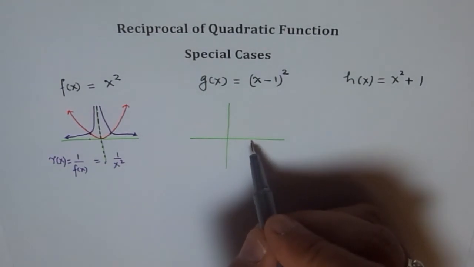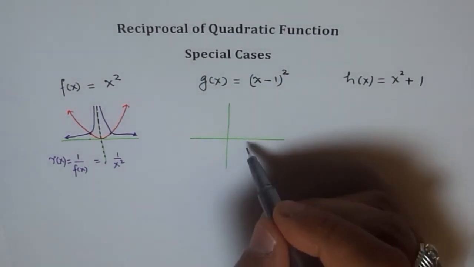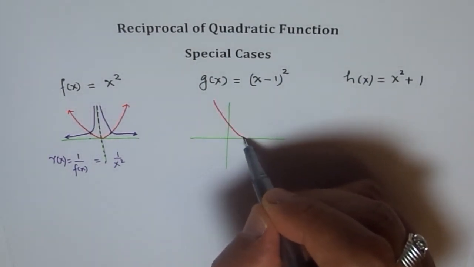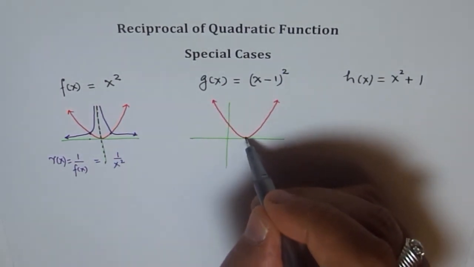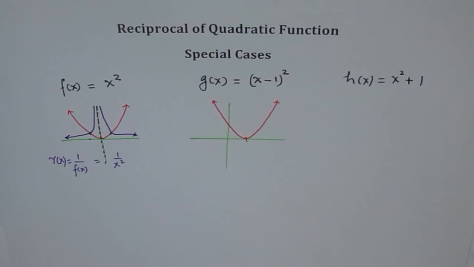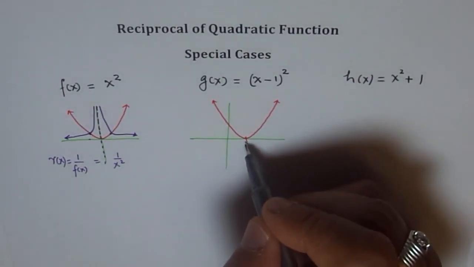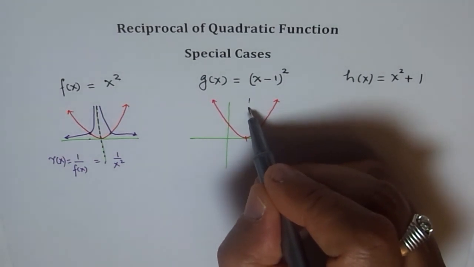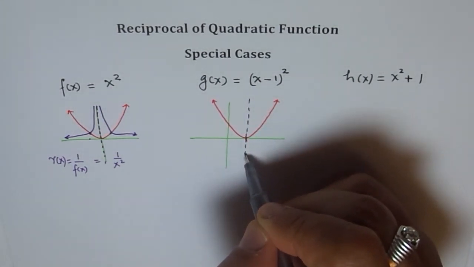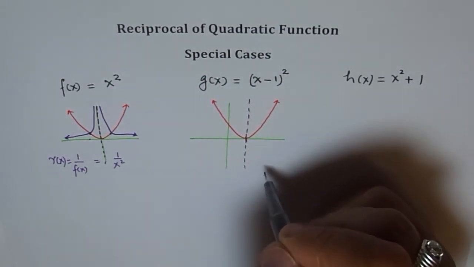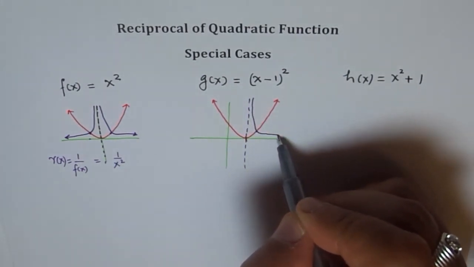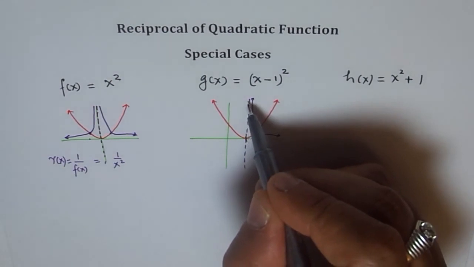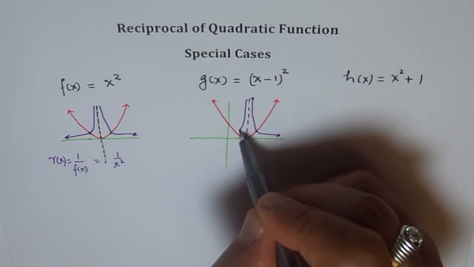That means I have a 0 at 1, right? So when I draw it, it will be kind of like this, with 0 at 1. And therefore, the reciprocal of this function will have vertical asymptote at this point, right? And if I draw the reciprocal function, it will be like this. Do you see how easily I am drawing it?